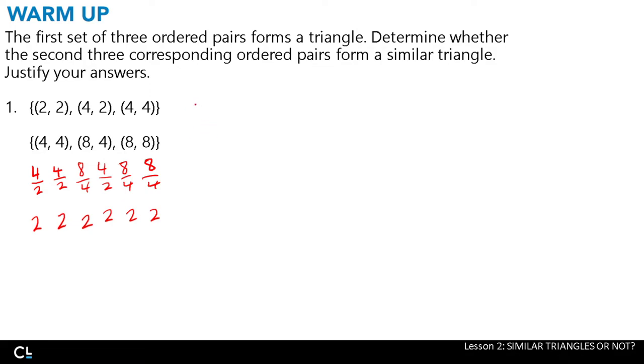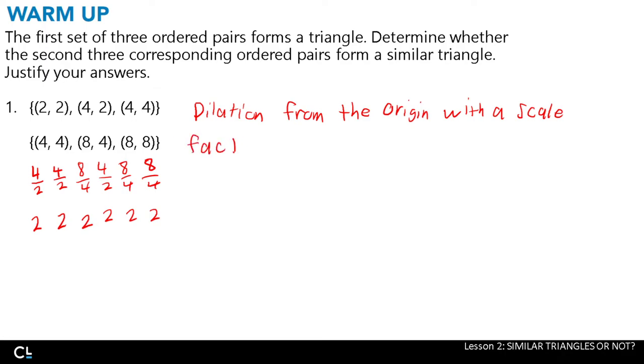So what we're going to write here is: dilation from the origin with a scale factor of 2, period. I'm going to make that a bullet point. I just like having bullet points to organize.